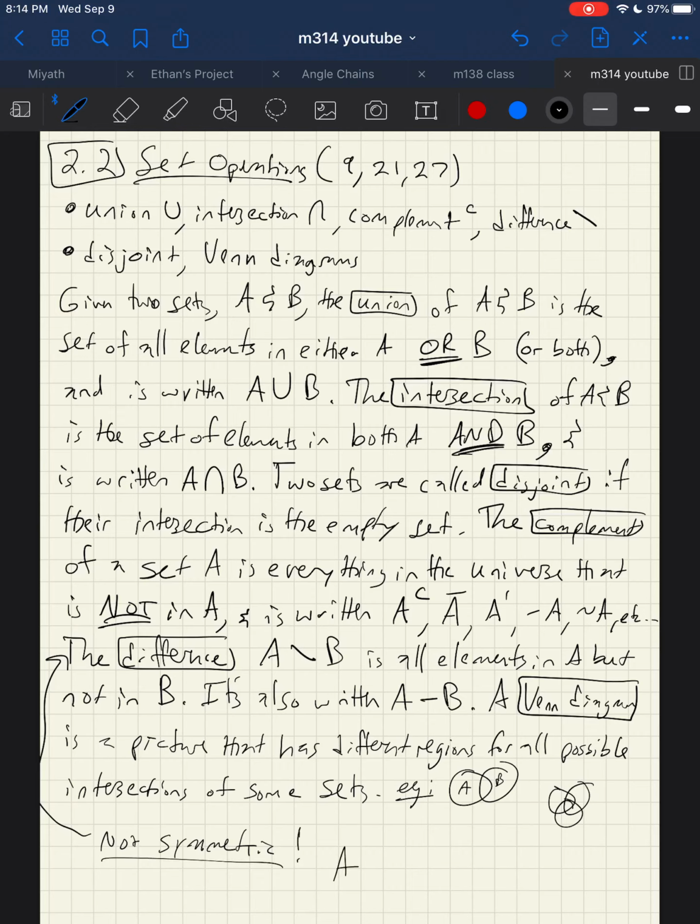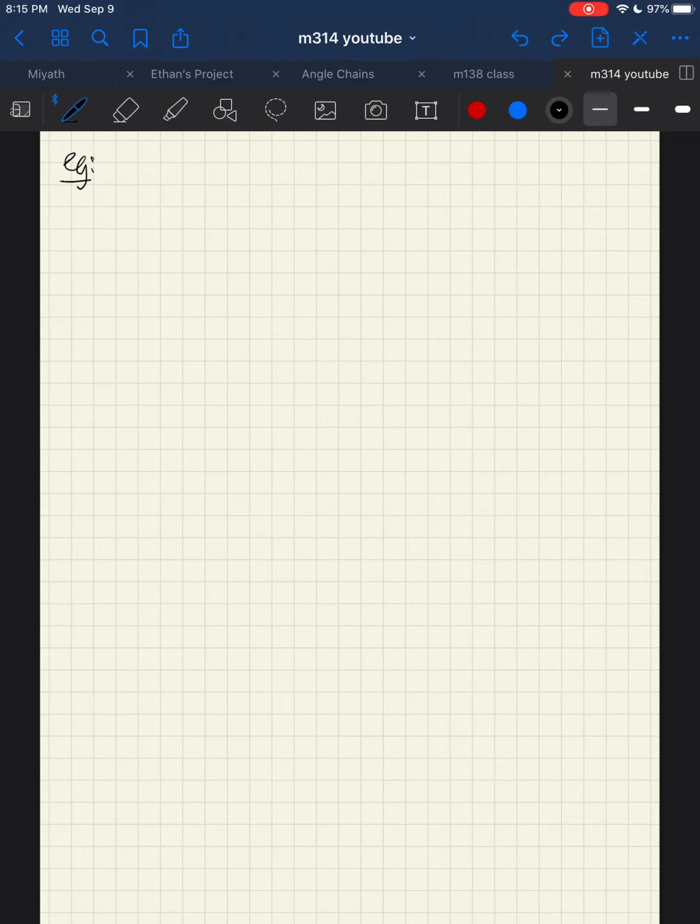Not in general symmetric. So A set minus B might not be B set minus A. There is a way to symmetrize that. It's called symmetric difference, and some people denote it with this symbol, like the XOR symbol, because it's kind of like an XOR. Some people denote it with a triangle. I think some people denote it with a star. We're just going to avoid that.